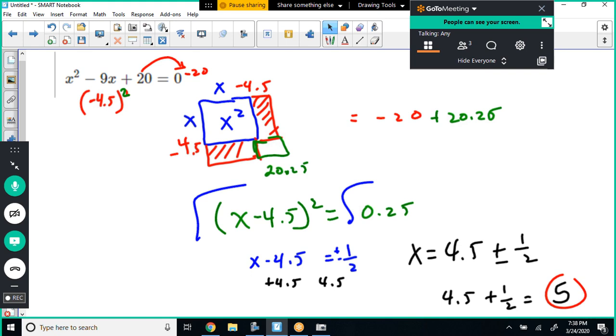You'd have to factor out the coefficient from the quadratic term and the linear term, and then you could do it from there. So it's just easier to say just use the quadratic formula. But that's what I was going over.